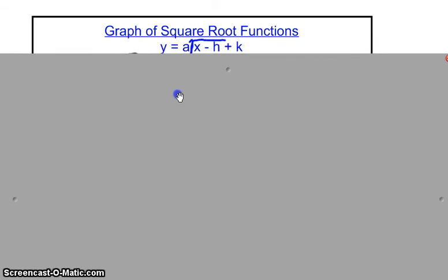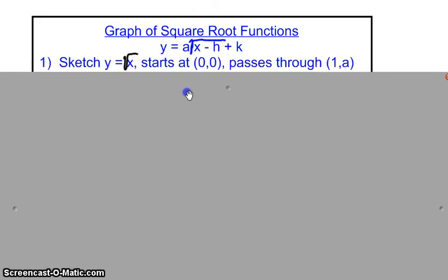Okay, so this is just a summary box to note how a radical function is transformed by multiplying or adding things in various places, right? Here is the model of the possible areas that we can impact the function, right? So the first thing is the parent function starts at 0, 0 and passes through 1 and a from the model function.